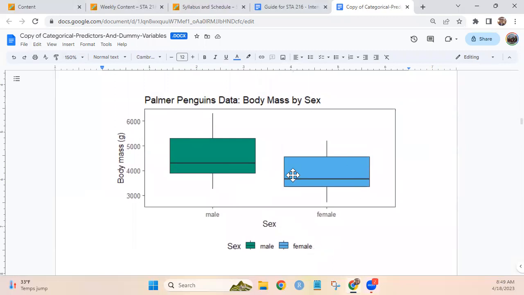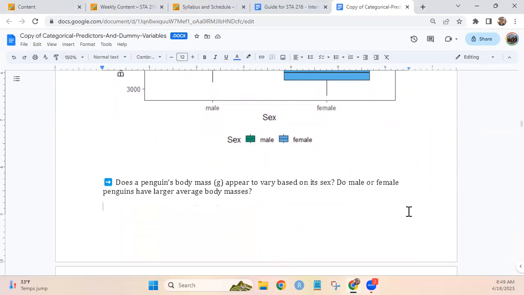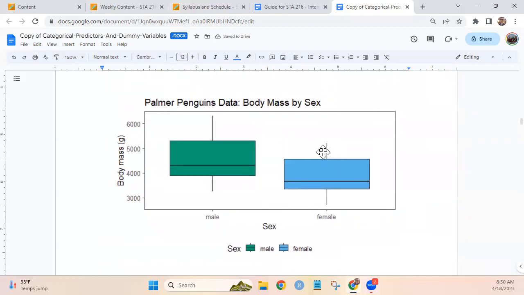Which group had larger body masses on average? Does it look like male penguins, right? Yes, male penguins have larger body masses. Important to include on average, because there's some individual females that have larger body masses than males. It's just on average.